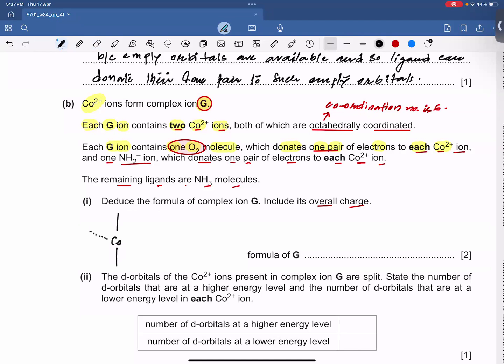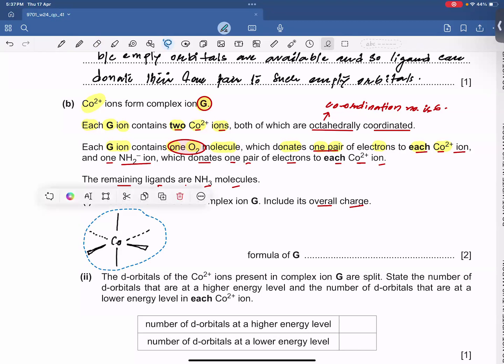This is a dotted line. This is a pyramid. This is a dotted line. And this is a pyramid. Let me make the same diagram again because we have 2 cobalt ions.